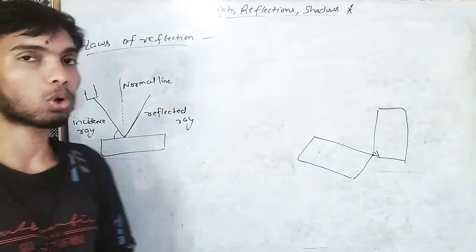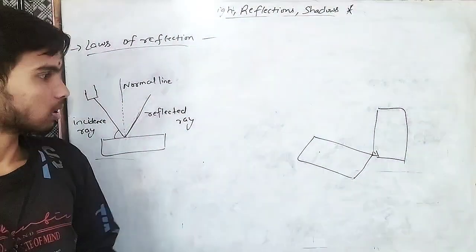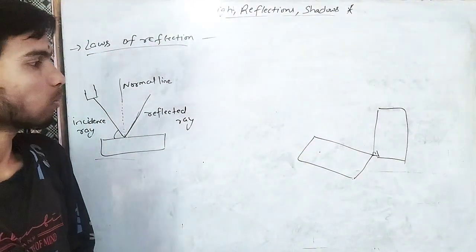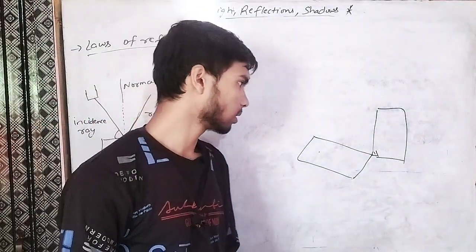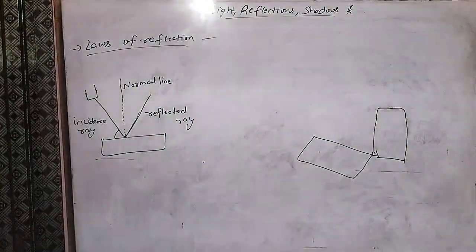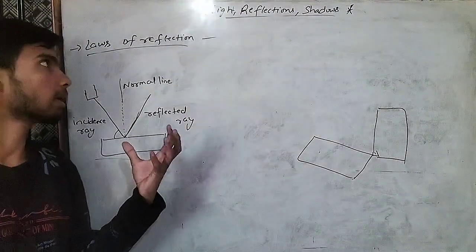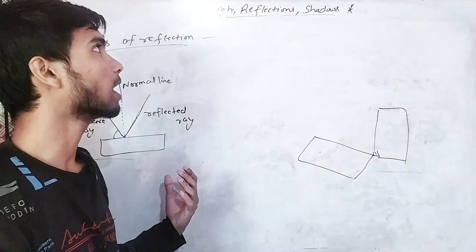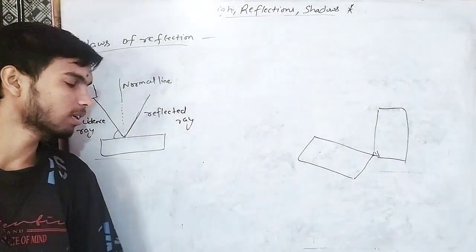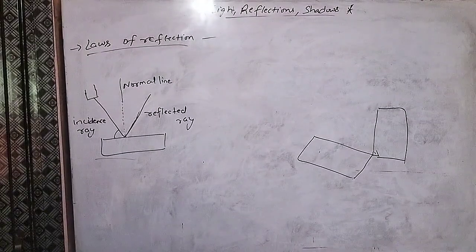It will depend on the angle at which these two mirrors are placed. The angle of the mirrors will decide how many images will be formed. This is said for plane mirrors.